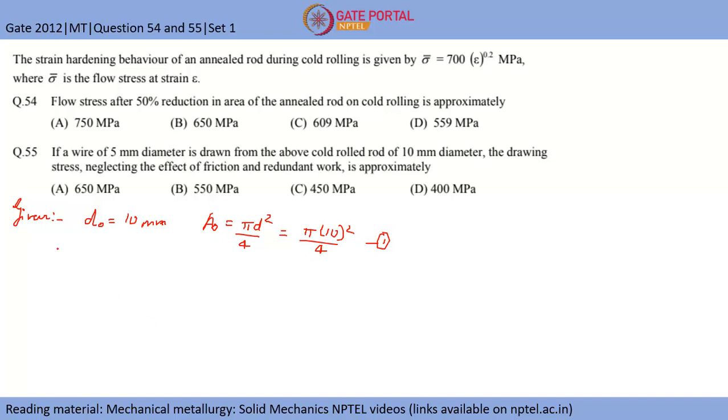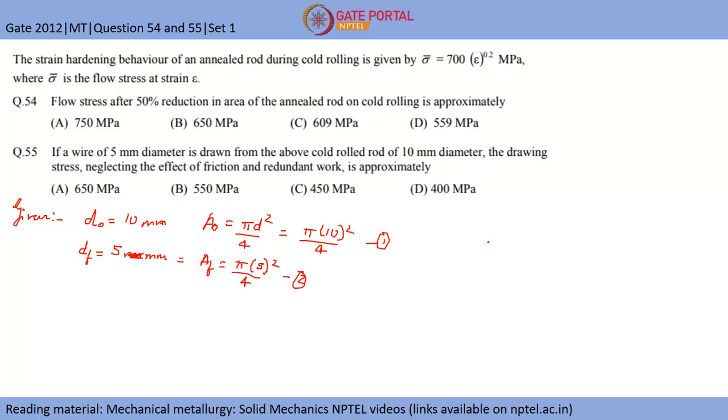Now we know the final thing, which is DF. DF is basically 5 mm, then again we will calculate AF on the basis of that, pi 5 square by 4. This becomes equation number 2.